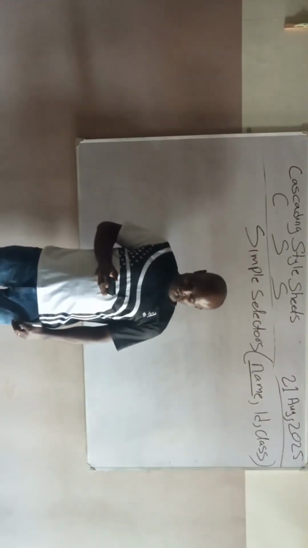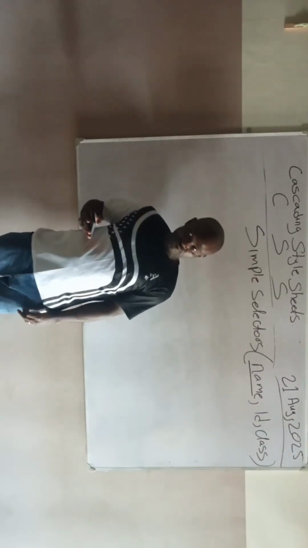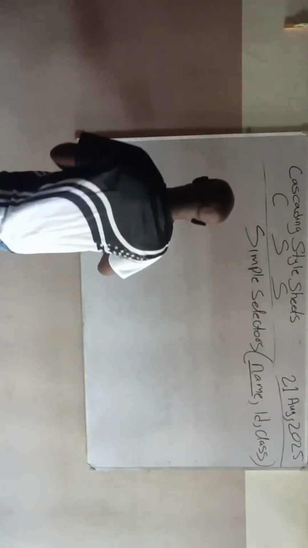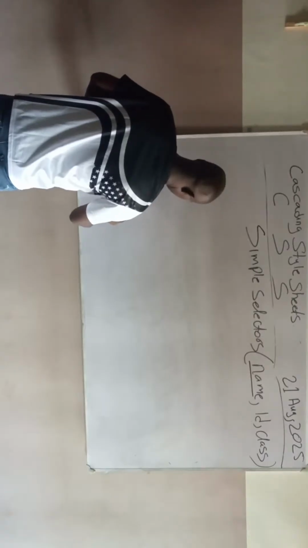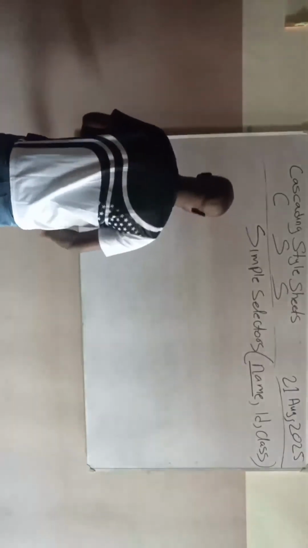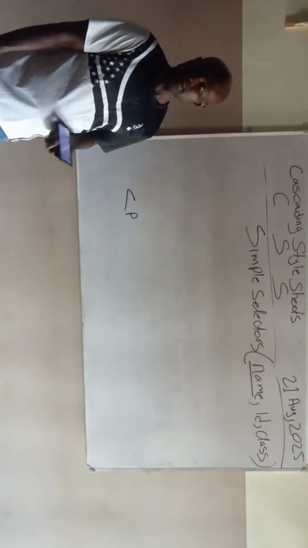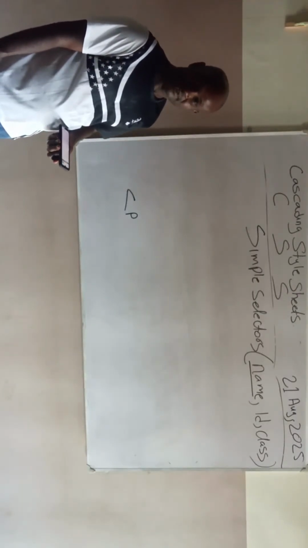Alright. The ID selector uses the ID attribute. In other words, for P, my attribute will be what? My ID attribute will be P.